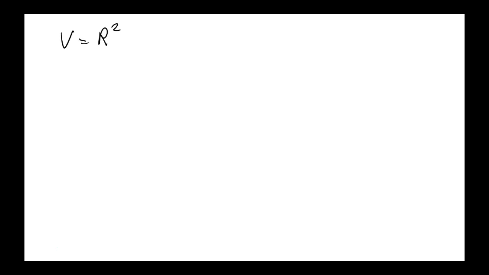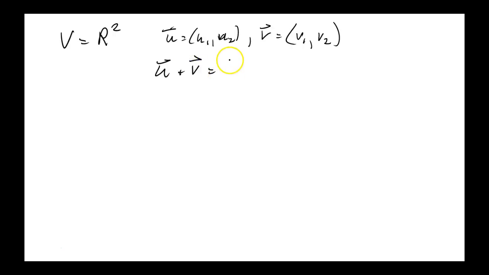So the standard operation of addition: for any ordered pair in this space, U equal U1, U2, and V equal ordered pair V1, V2, you add those together, so U plus V is (U1 plus V1, U2 plus V2).